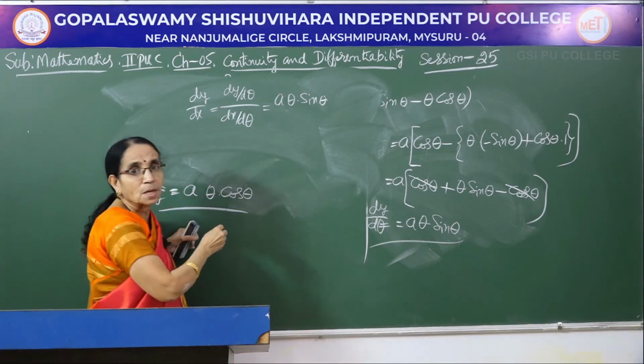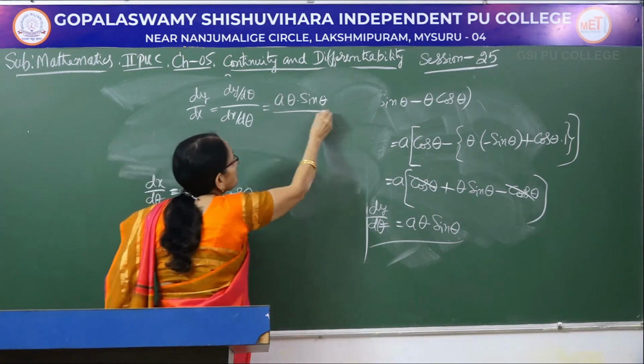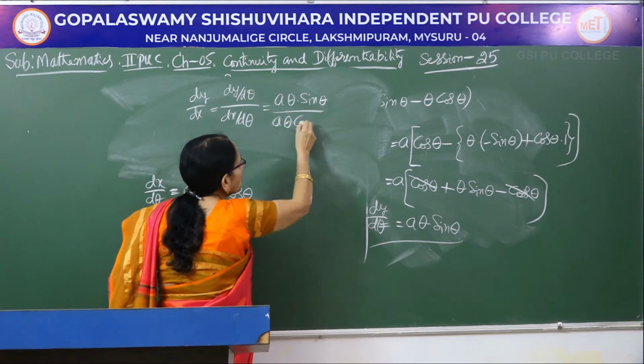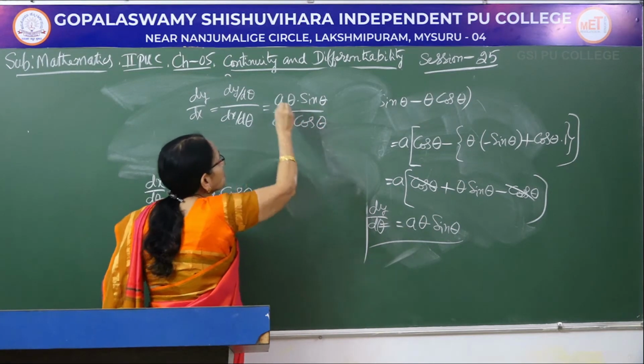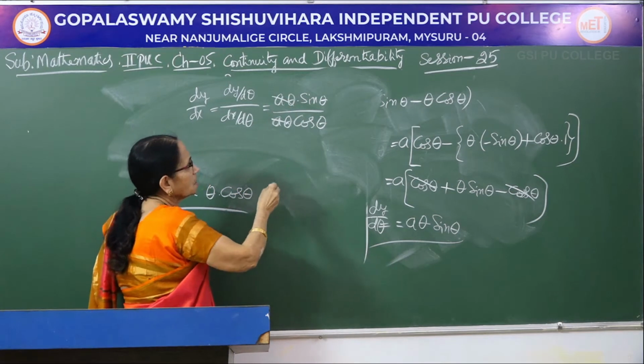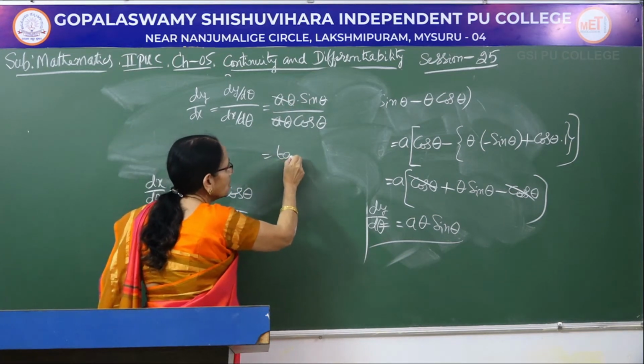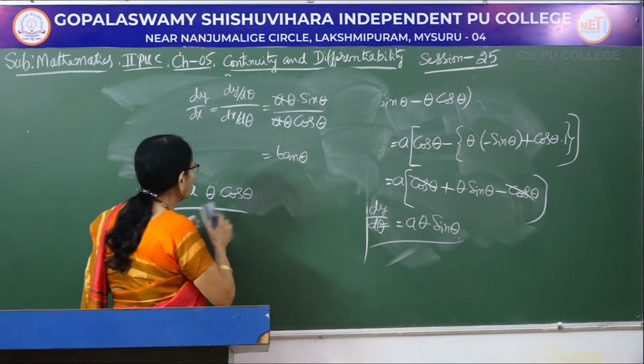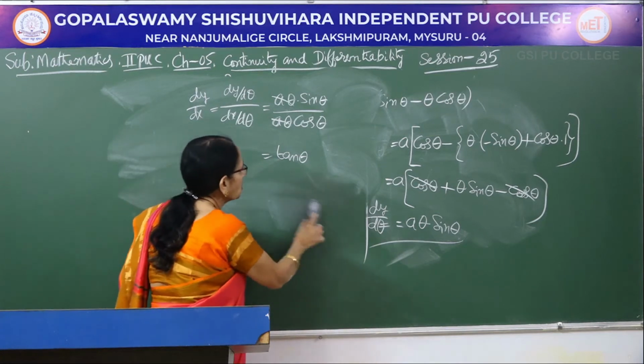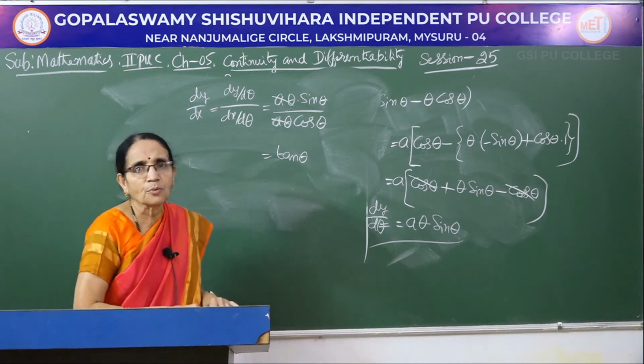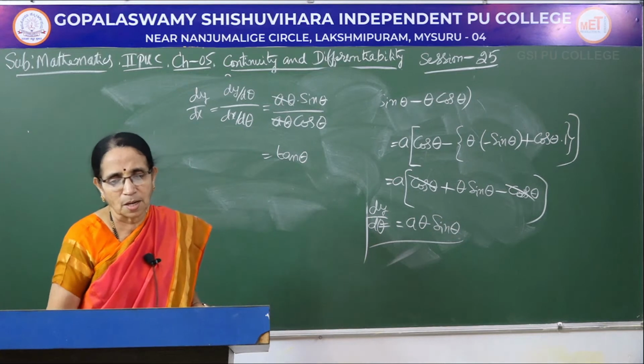And what is dx by d theta? It is a into theta into cos theta. So cancelling a theta, sin theta by cos theta is equal to tan theta. So this is the derivative of y with respect to x.